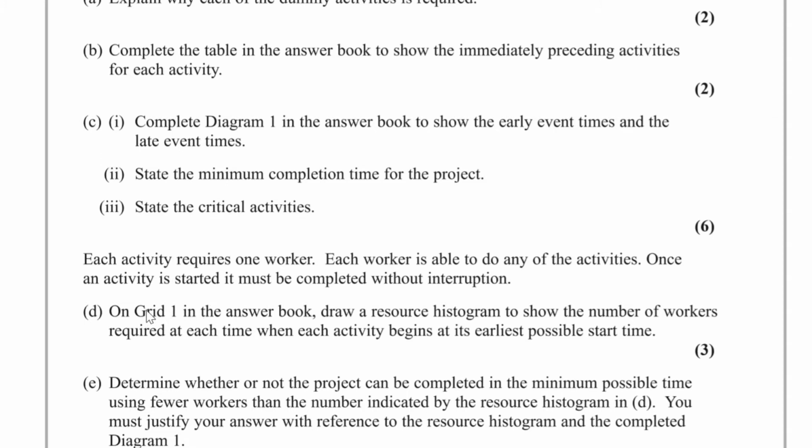For part D of the question, each activity requires one worker. Each worker is able to do any of the activities. Once an activity is started, it must be completed without interruption. And on grid 1 in the answer book, we have to draw a resource histogram to show the number of workers required at each time when each activity begins at its earliest possible start time.